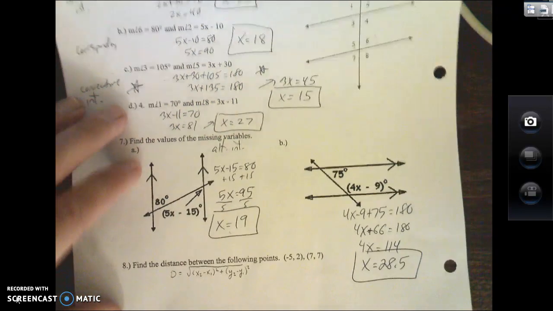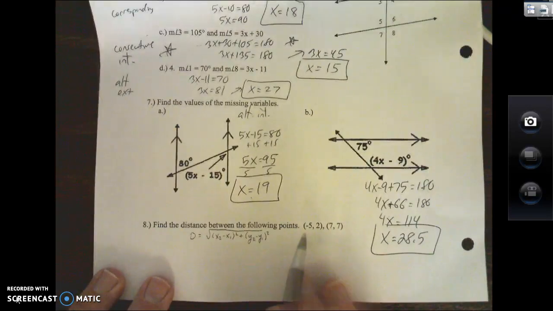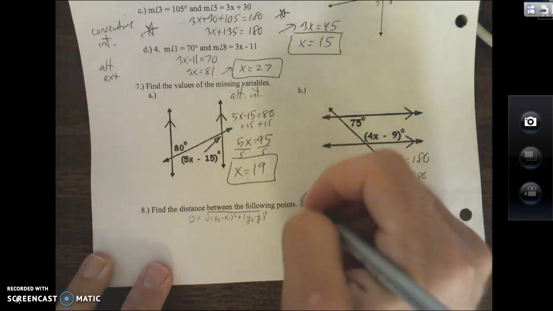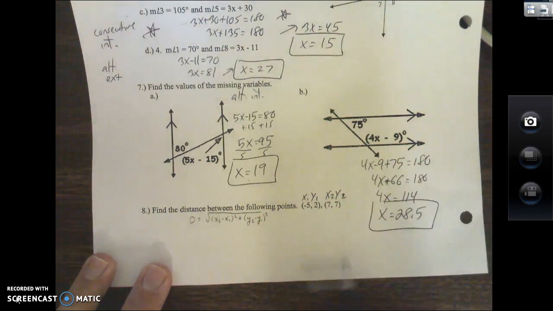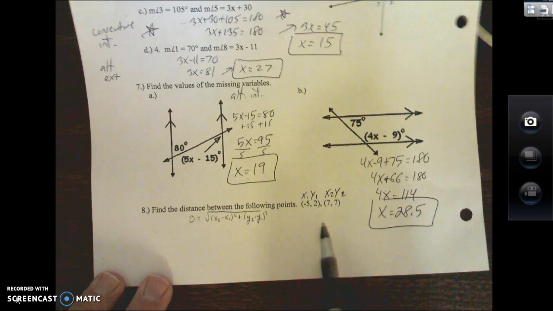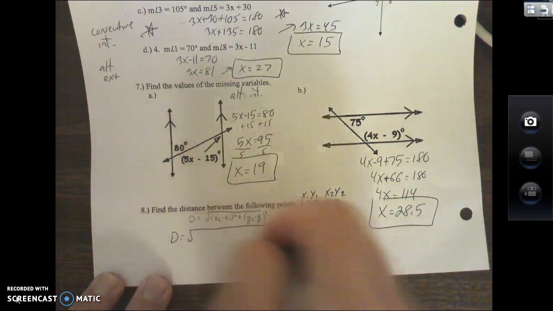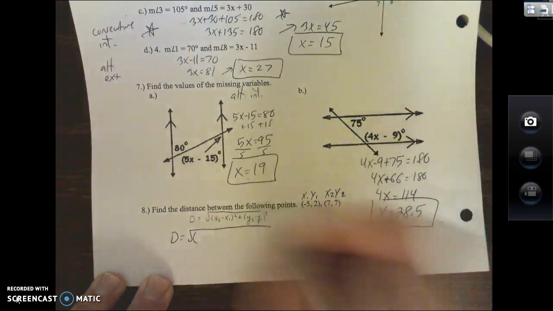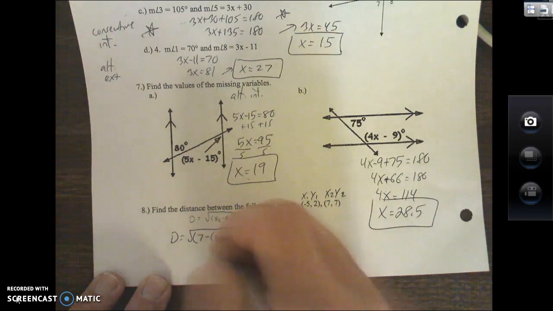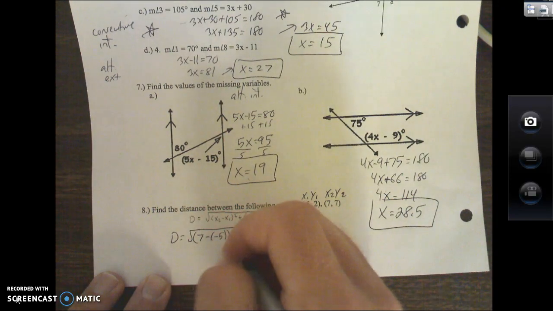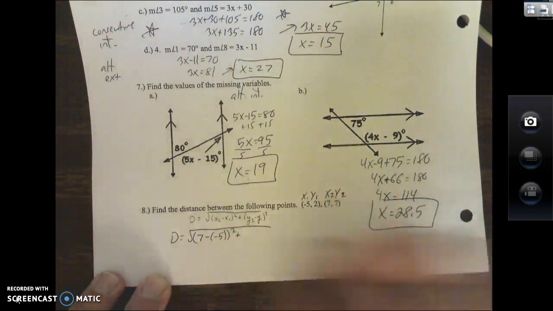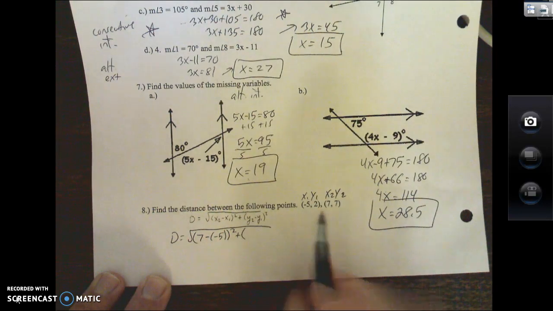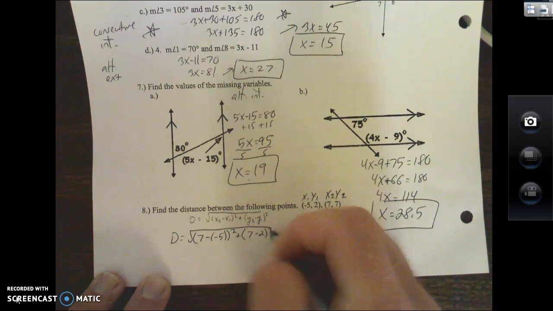Okay. Last and final one. I am taking these points and I am plugging this into my distance formula. Every point is an x and a y, so x1, y1, x2, y2. So I'm putting things right in here. Be careful with the signs. So I've got x2 minus x1. Notice how I'm putting two parentheses around it. 7 minus -5 squared plus y2 is 7, 7 minus 2 squared.